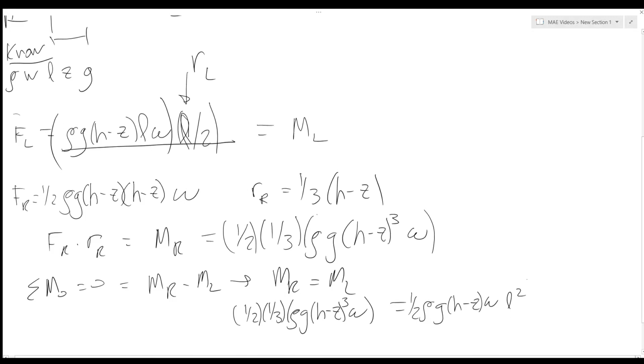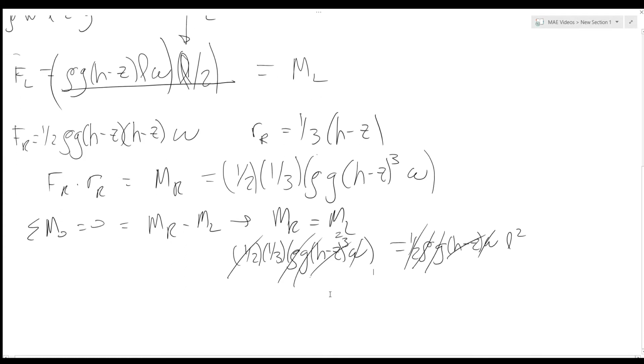As we can see here, the 1/2s cancel out, the rhos cancel out, the g's cancel out, one of these (H minus Z) factors cancels out so there's only a square there, and the width cancels out. Overall, what you're left with is 1/3 (H minus Z) squared equals L squared.